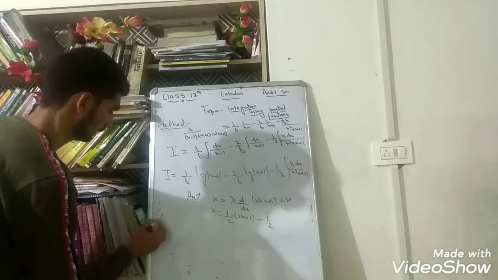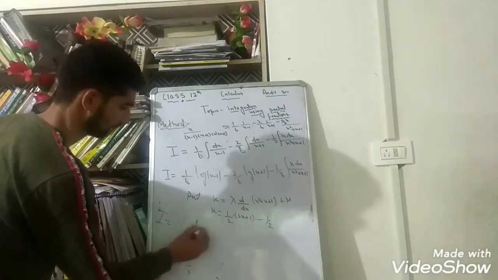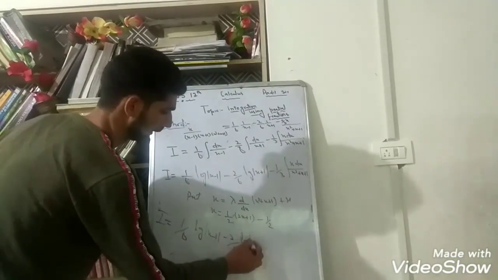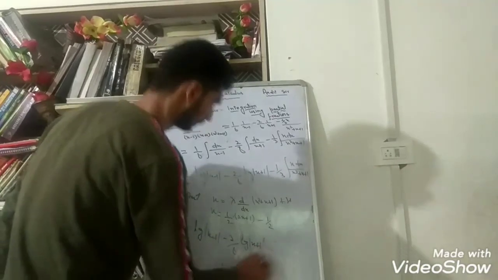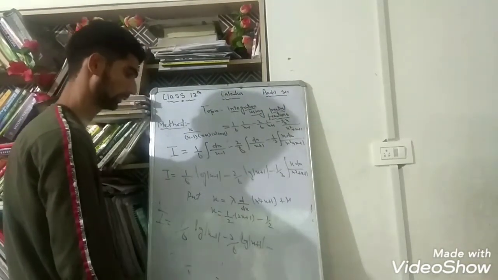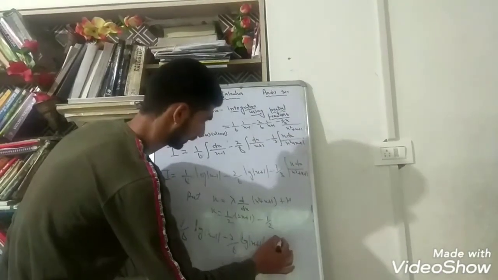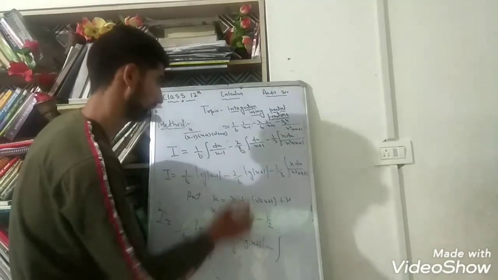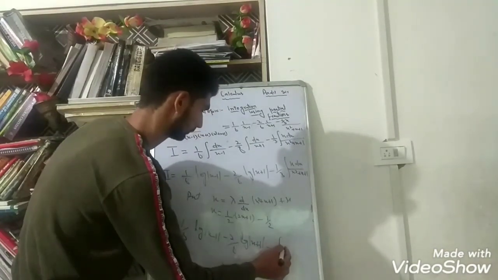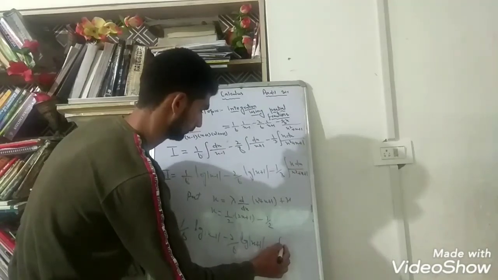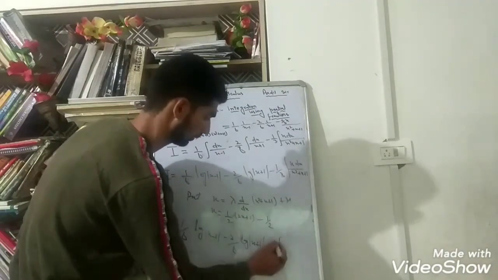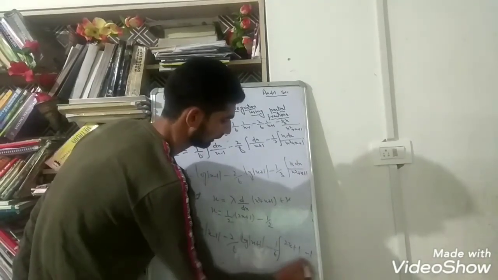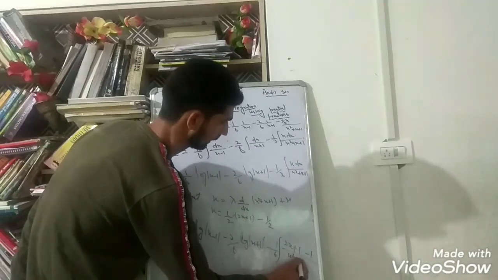Then it will be I is equal to 1 divided by 6 log of x minus 1, minus 2 divided by 6 log of x plus 1, minus 1 divided by 2, we will factorize here, that's 1 divided by 6, and then 2x plus 1 minus 1 divided by this thing, x square plus x plus 1.